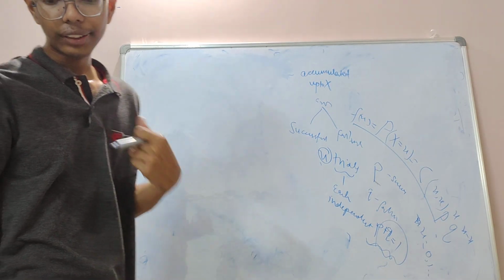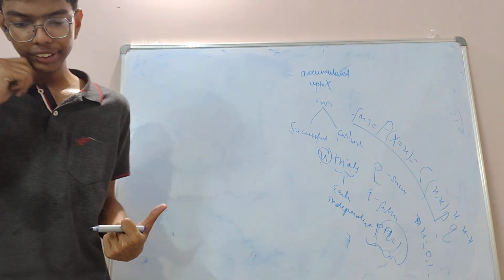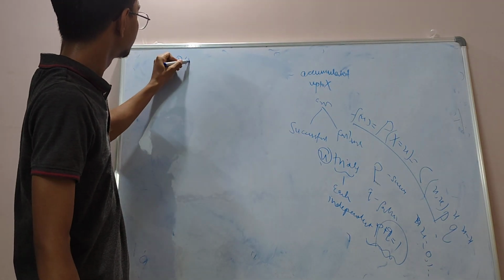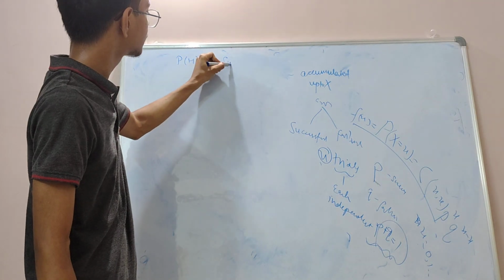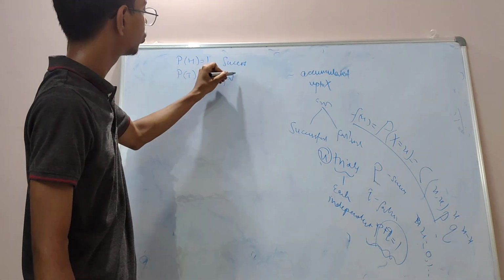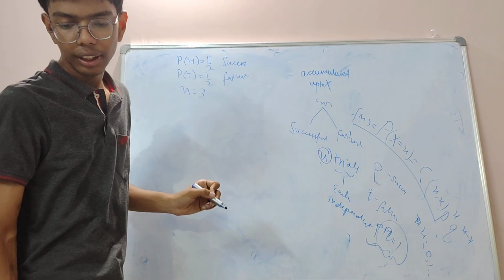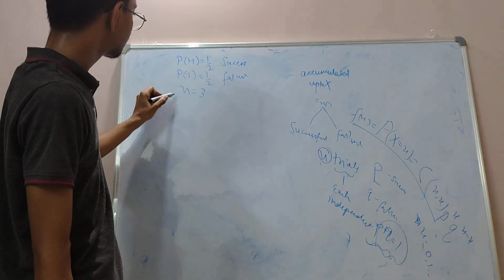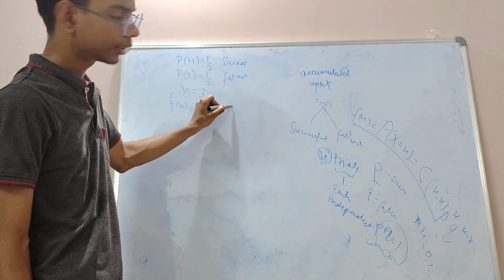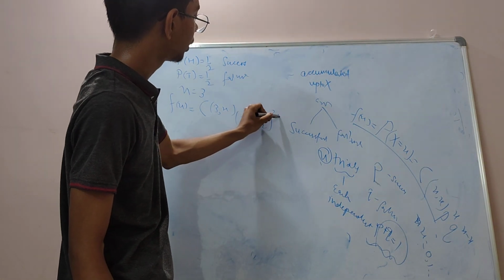I have a question. A coin is tossed 3 times. Find the binomial probability distribution of getting x heads. The probability of getting a head is 1/2, which is a success for me, and the probability of getting a tail is also 1/2, which is a failure. The coin is tossed 3 times, so n is 3, and my f(x) will be C(3, x) (1/2) to the power x and (1/2) to the power 3 minus x.